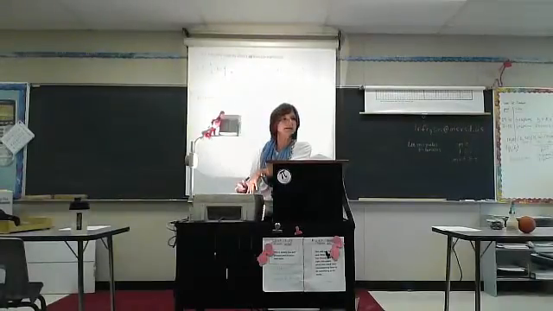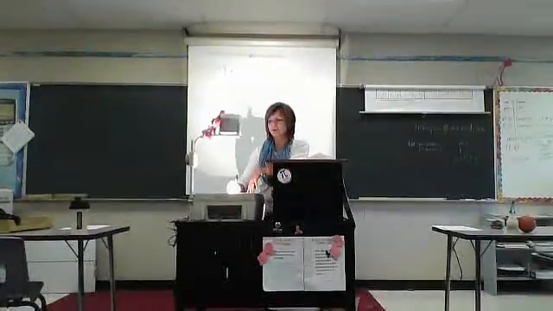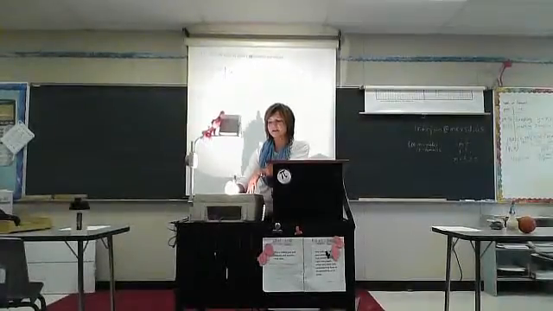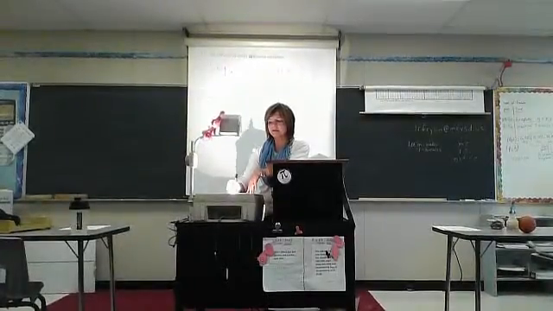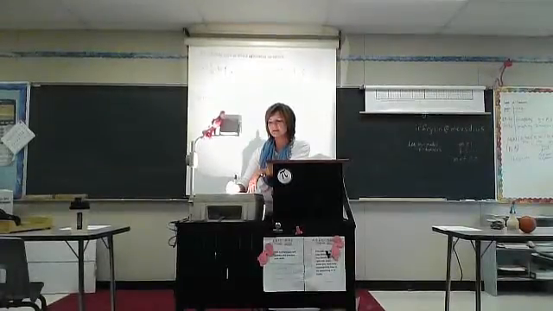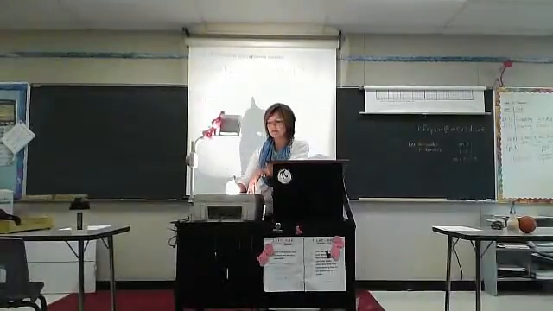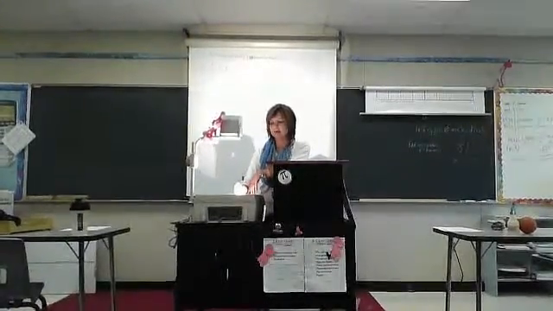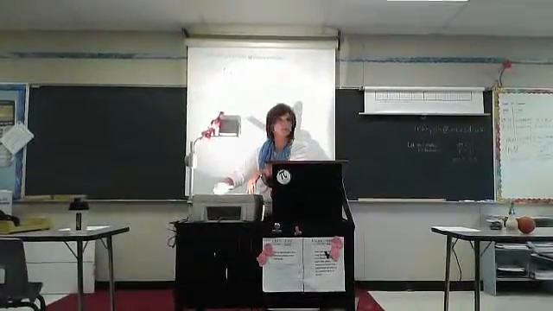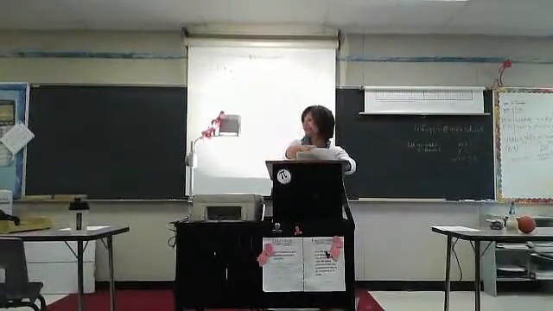Let's look at C. If we rearrange C so that it's in xy equals k, so if I divide both sides by x, look what that does to it. y equals k divided by x. So it makes that inverse. Let's go back. That was inverse, and this was direct. You're good here direct, and you're good here inverse. Okay? Another question. I only get through as many as I can. Next question.